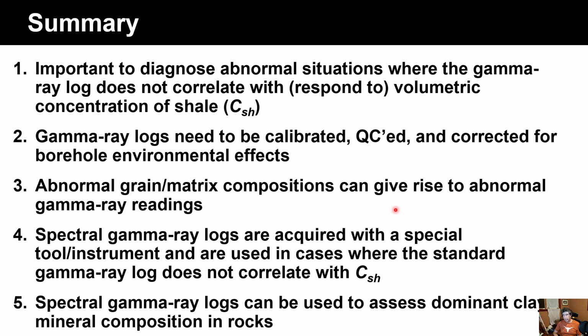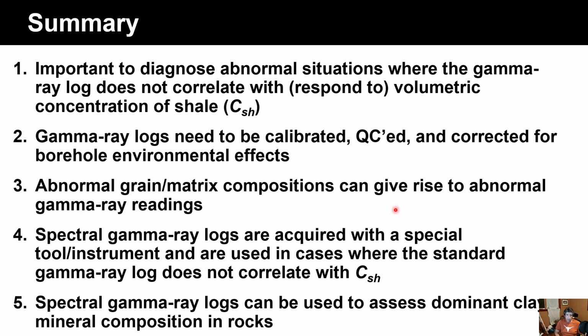If you try to compare the gamma ray logs across many wells, you're going to find that often they don't have the same values. Why? Because they were not environmentally corrected. They were not corrected for borehole size, for type of mud, and maybe not for temperature. So it's very important that all of them be corrected if you are going to be comparing logs across multiple wells.